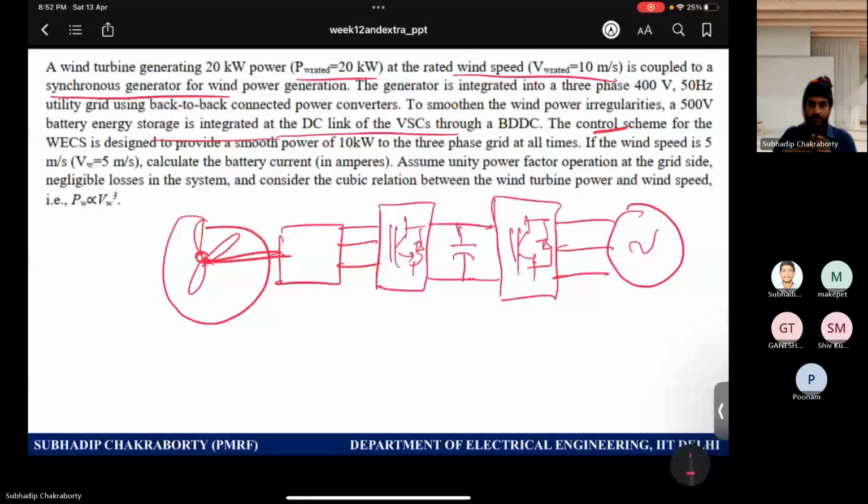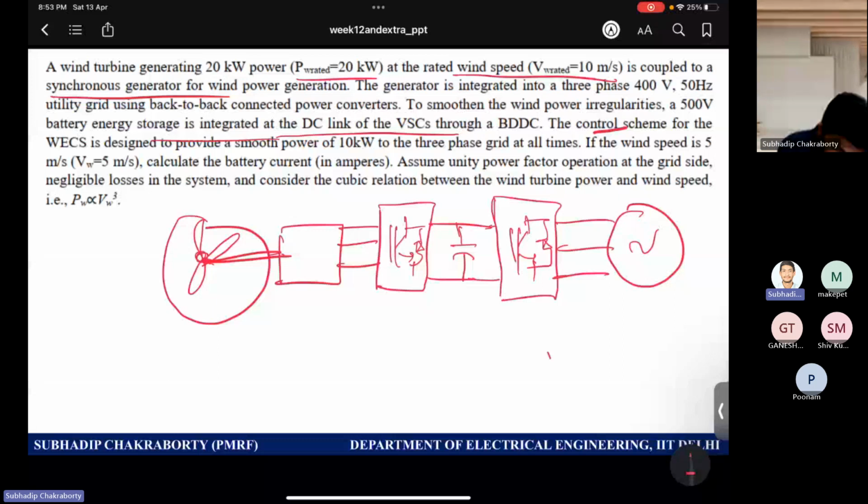So to be responsive to the load or fast, you need to incorporate battery energy storage, which provides a power smoothing action to regulate the grid side fluctuations, or to restrict the grid side fluctuations, even if the generation is having fluctuations due to varying winds.